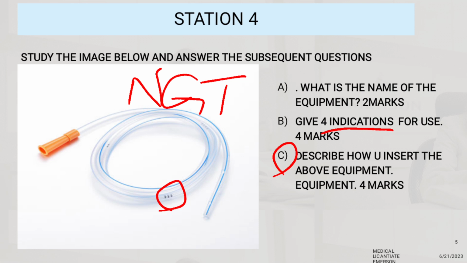So we start from the nose to the ear lobe, then to the angle of the mandible, then to the xiphoid process. You can check which marking it corresponds to. We have 2 markings here. These are the markings on the NGT.